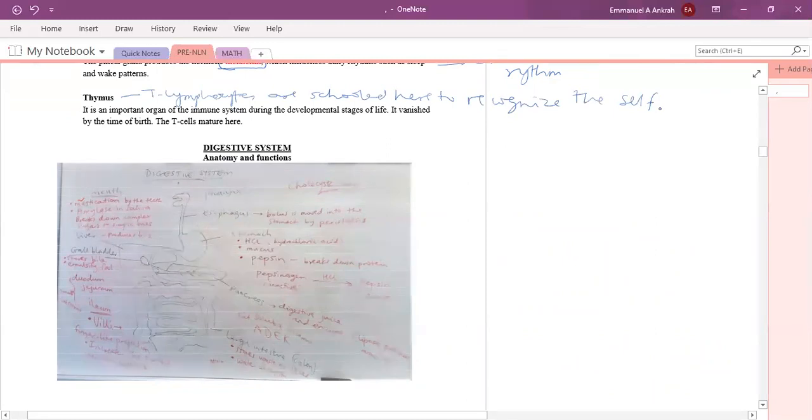So there's a theory that those who have autoimmune disease, their T cells were not well trained in the thymus, so they are not able to recognize their own tissues, and they end up destroying their tissues. That's one theory about autoimmune diseases.